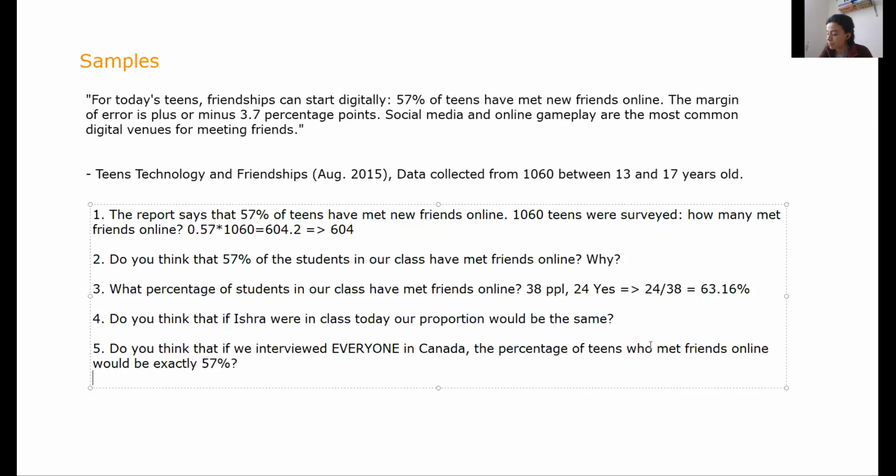I feel like it would be less. It would be less? Okay, why less particularly? I don't know. I feel like when you have a larger group, the numbers come closer together.